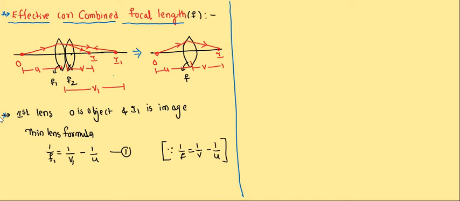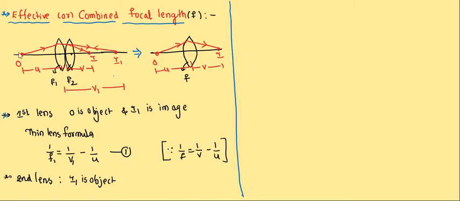Similarly we write for the second lens. For the second lens, what is the object? I1 is the object. The image formed by the first lens will act as the object for the second lens. You see the cursor moving in the diagram.